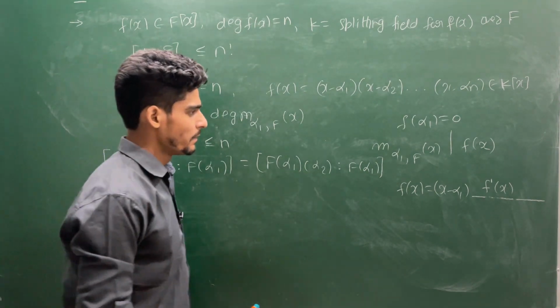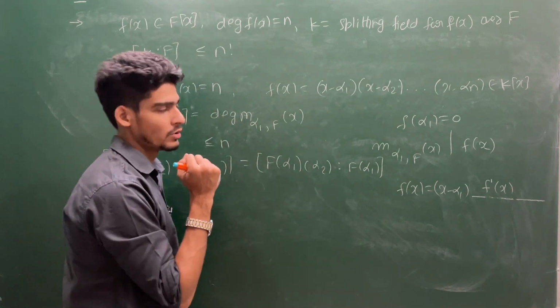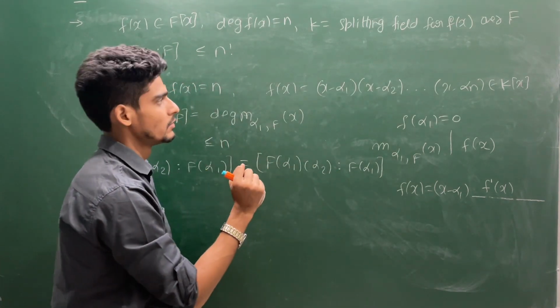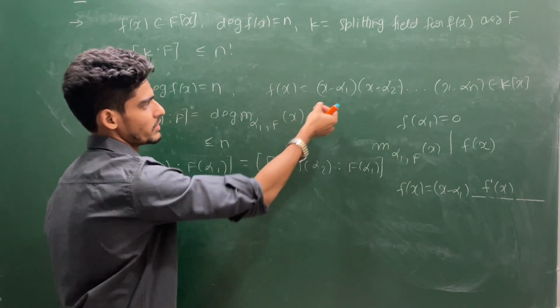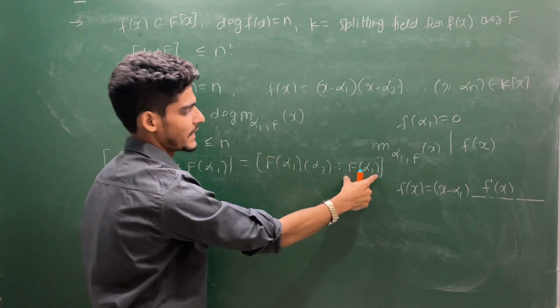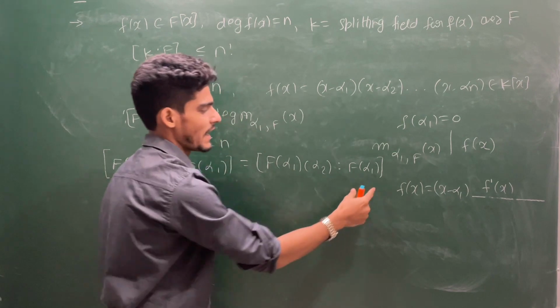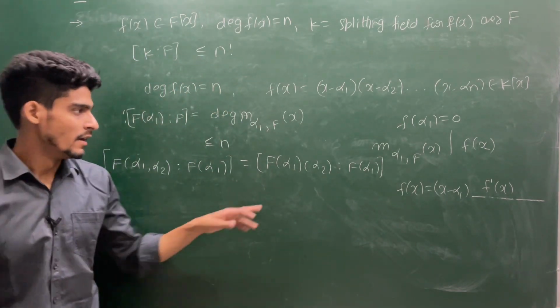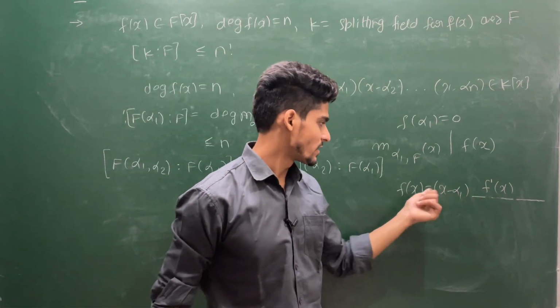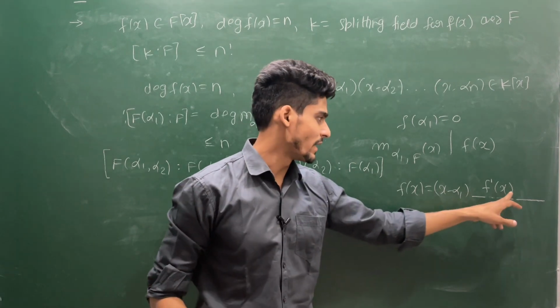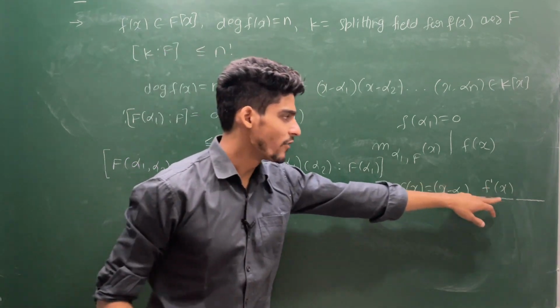Also you can say this is defined on F(alpha 1) also, because alpha 1 is a root you have already inserted in F(alpha 1). So this you can think inside F(alpha 1), and alpha 2 is a root of f prime(x), not of f(x).